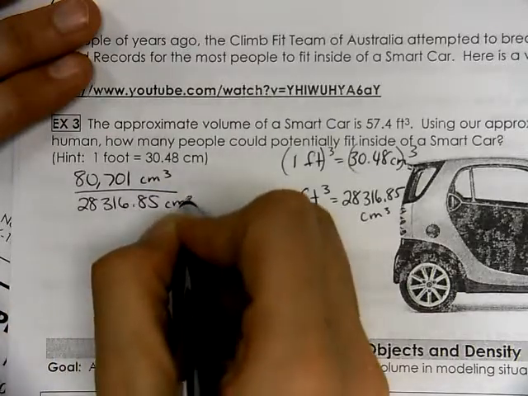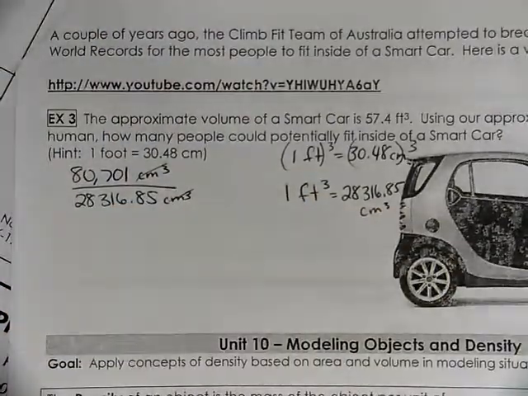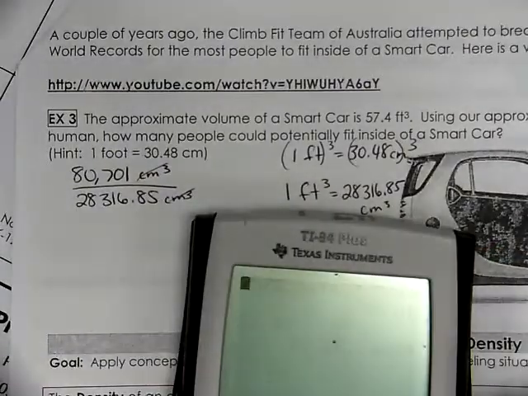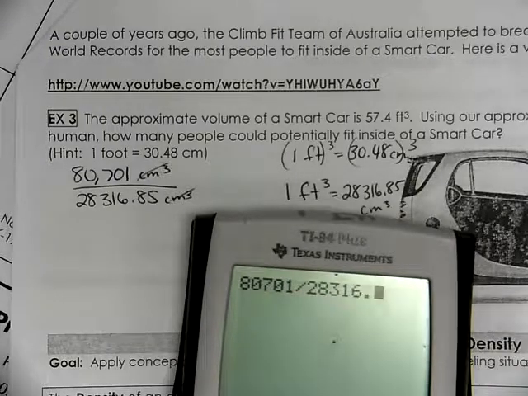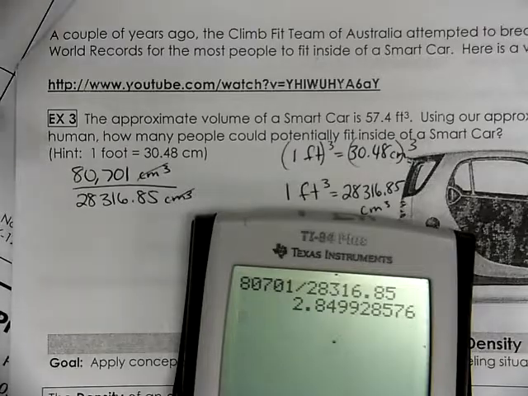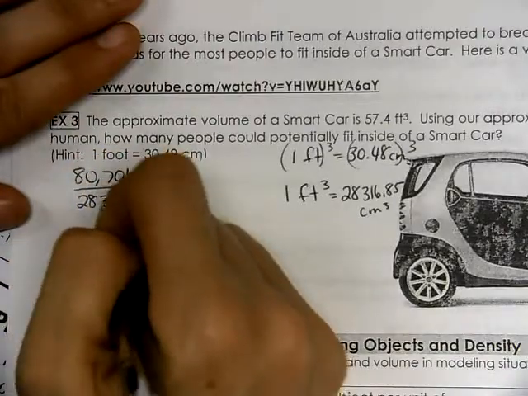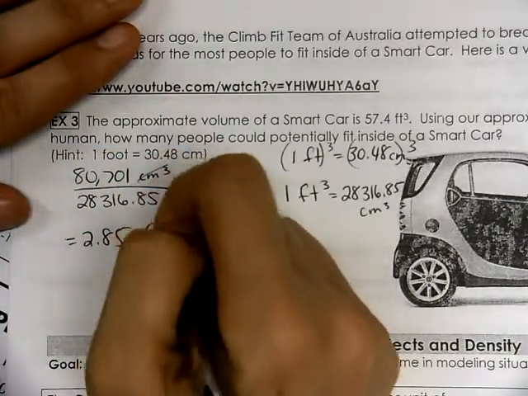Because the cubic centimeters will cancel, and then you'll have how many feet he is. So 2.85. So each person is 2.85 cubic feet.